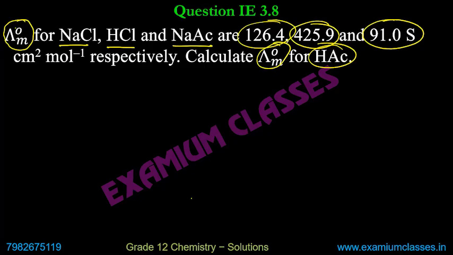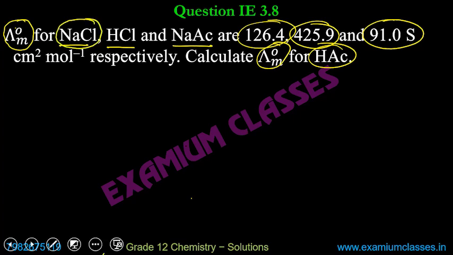For that, we use limiting molar conductivity of other acids and salts and try to form the Kohlrausch law equation. So I am writing first the Kohlrausch law equation for NaCl.